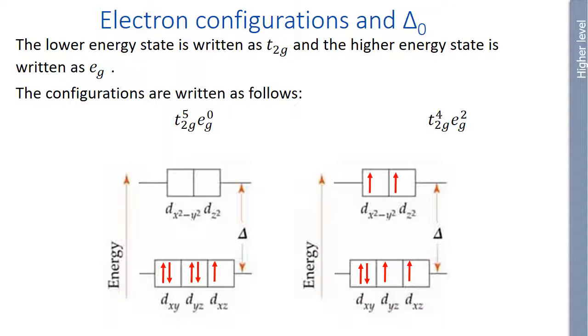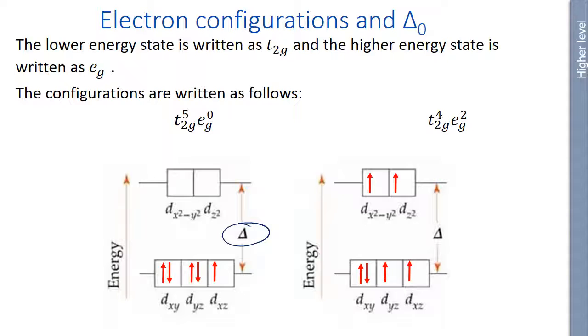So looking again at electron configurations, the lower energy state is usually written as t2g, and the higher energy state is written as eg. So the configurations are written as follows. For this one, when you've got a high crystal field, a high splitting, then it's going to be t2g^5 and eg^0, because all of the electrons are going to be in the lower energy suborbitals.